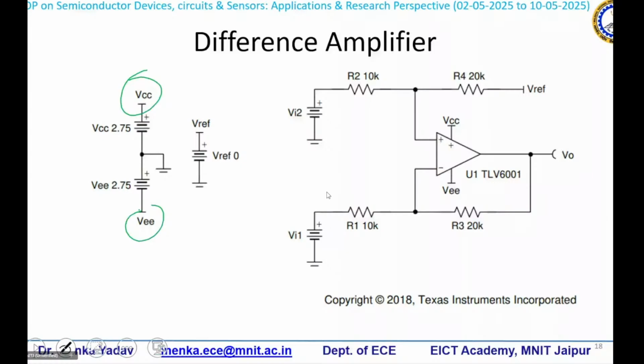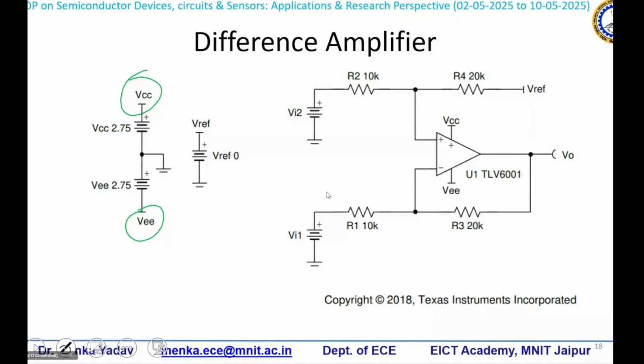So this VCC and VEE came into the picture because the first design of op-amp was created with the help of BJT. In a BJT there are three terminals: collector, emitter and base. Most of the supplies are connected to the collector or emitter.